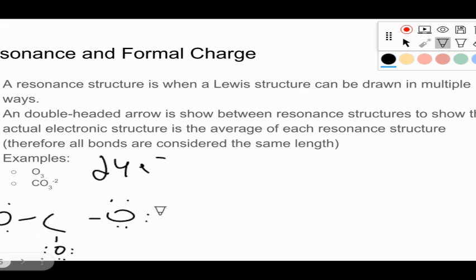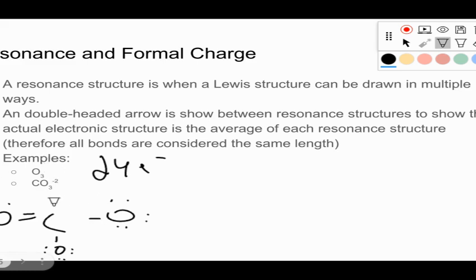By doing this, I've fulfilled all of the octets for oxygen, but carbon is not okay. So I am going to shift my electrons. Now I have 2, 4, 6, 8 around each atom. So I've used my 24 total electrons and everything is stable.